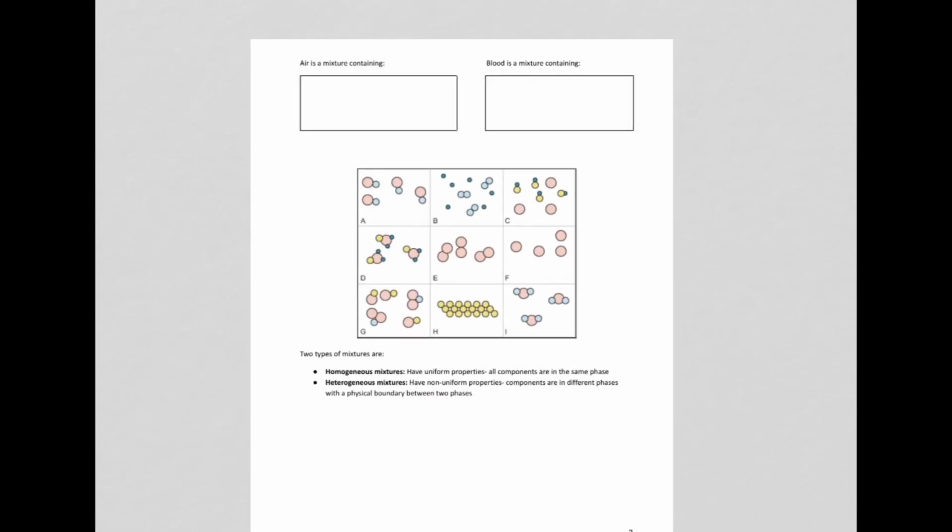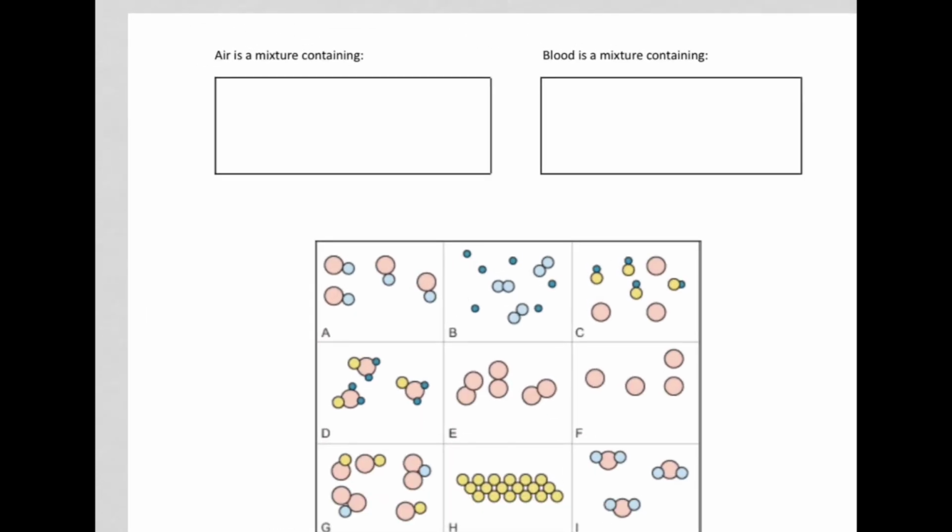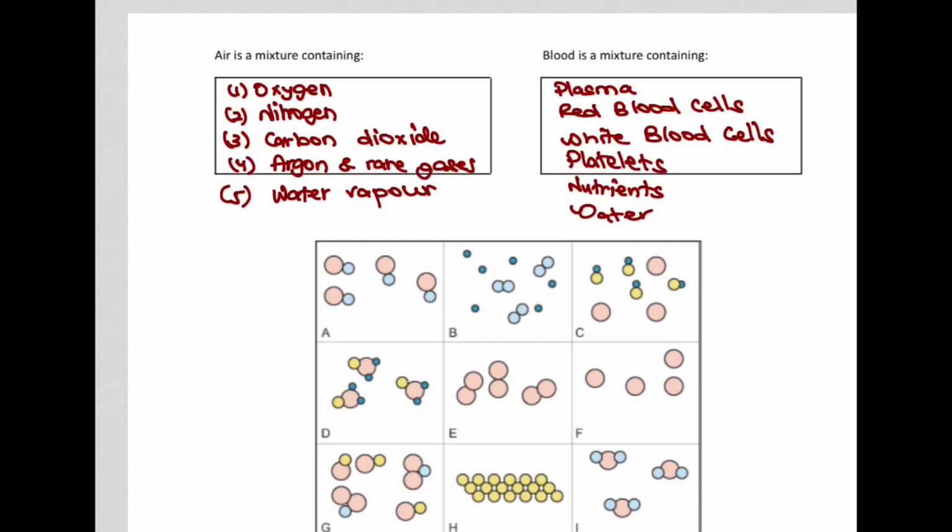For example, air consists of different gases. We know that we have 21% of oxygen and 78% of nitrogen. Yes, we know the composition, but it can always vary.